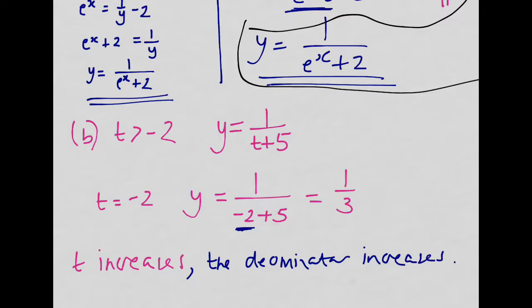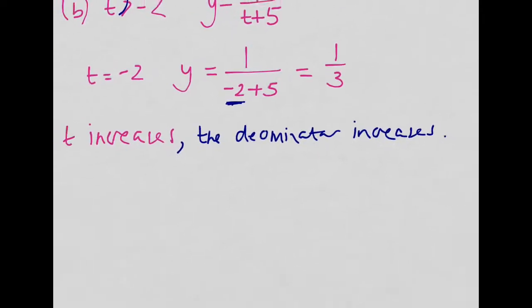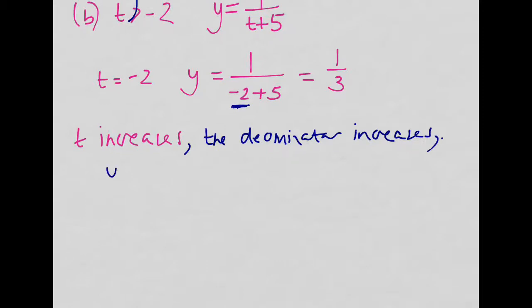Now, if t is increasing and my denominator's increasing, therefore y, because it's 1 over, will be decreasing. So y will decrease. Because as your denominator gets bigger, if your numerator stays the same in your fraction, then the fraction is getting smaller and smaller.